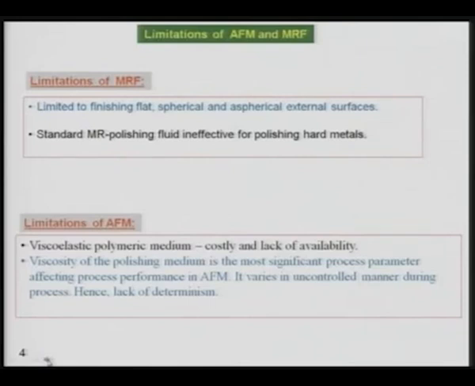It varies in an uncontrolled manner during the process. There is no online control of the rheological properties of the medium in the AFM process. Hence there is a lack of determinism in case of the AFM process. Keeping these limitations in view, a new process had been developed, and that process will be discussed in the following slides.